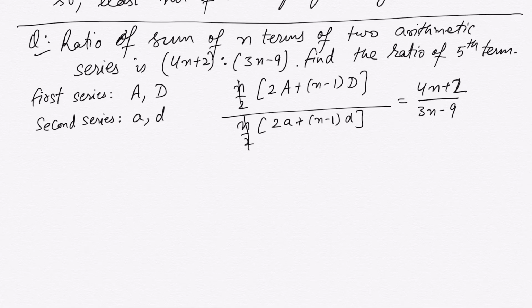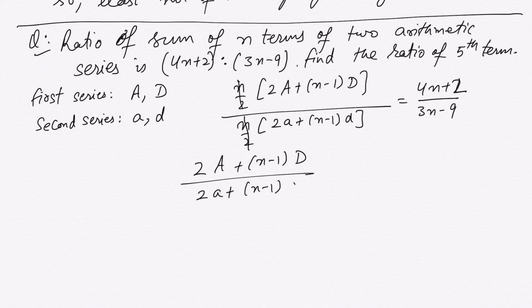Let's try to simplify this a little bit: 2a plus n minus 1 into d upon 2a plus n minus 1 into d. So this value is equal to 4n plus 2 upon 3n minus 9.